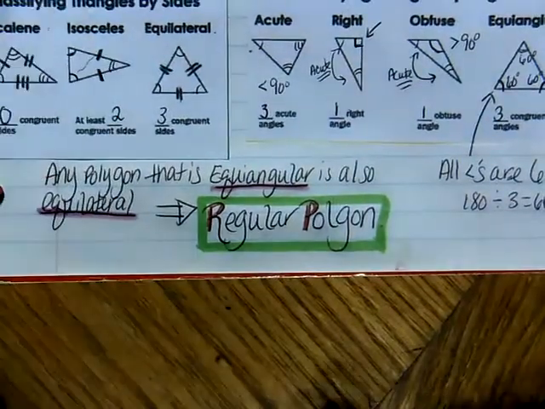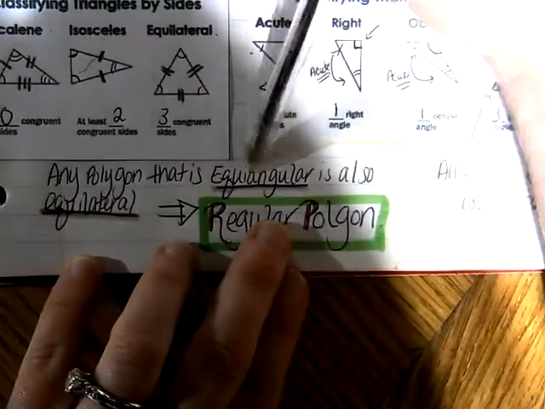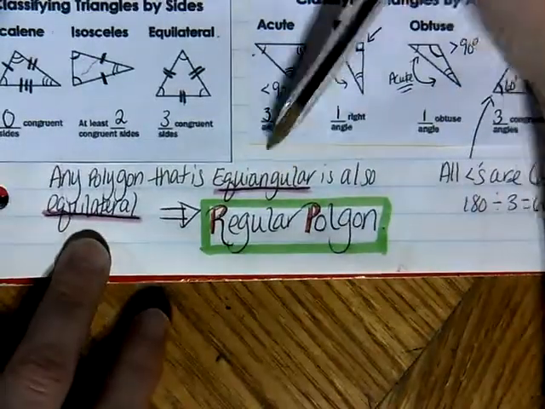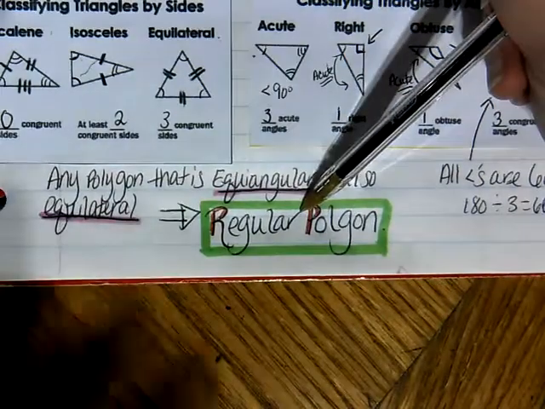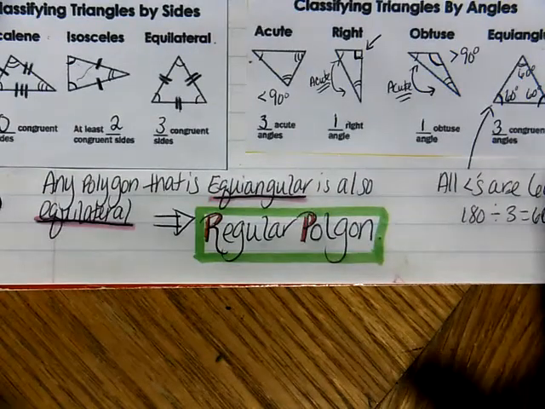Regular polygon. So any polygon that is both equiangular and equilateral is called a regular polygon, which sounds very ordinary.